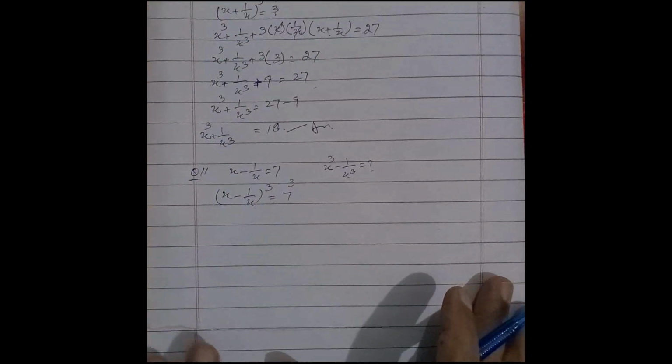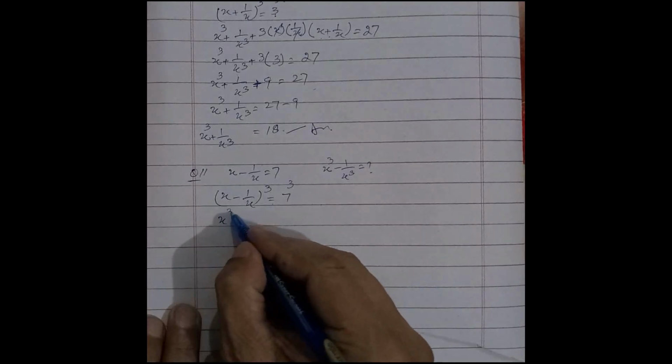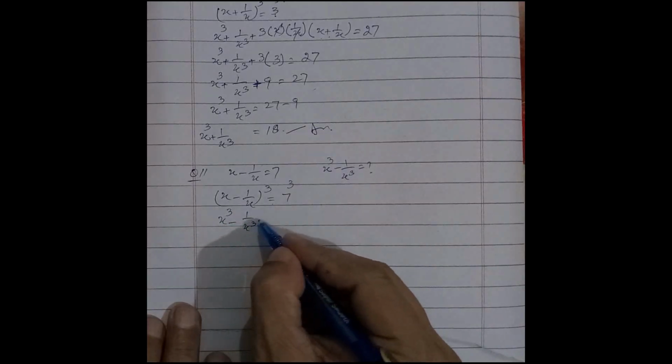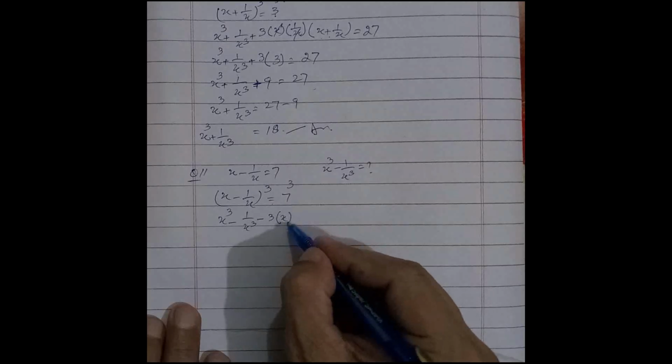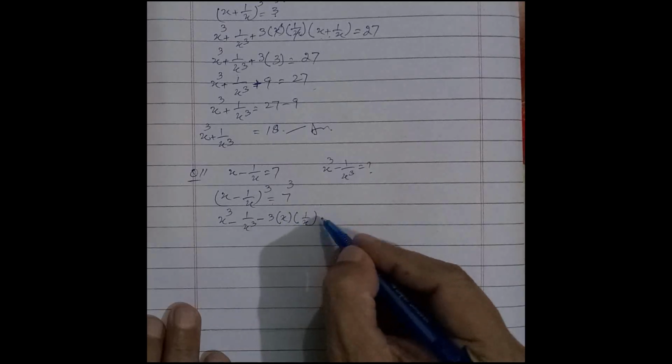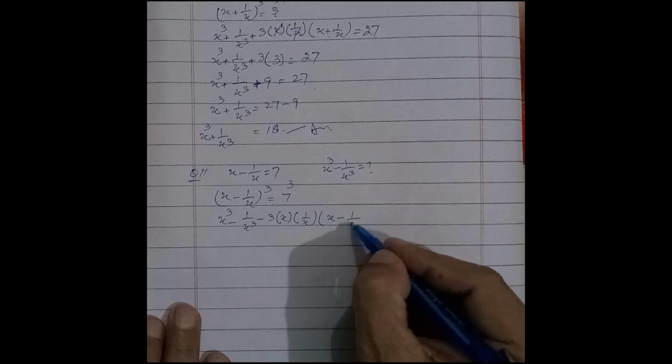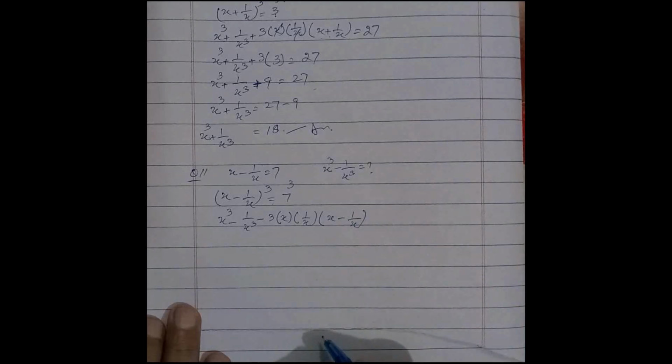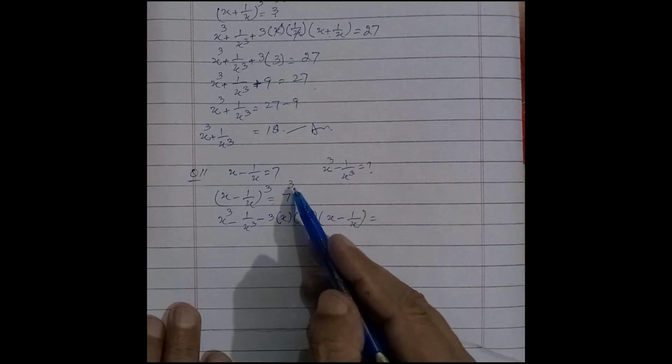So we take cube of both sides. We get x³ minus 1 over x³ minus 3 into x into 1 over x and into x minus 1 over x is equal to 7 power 3.